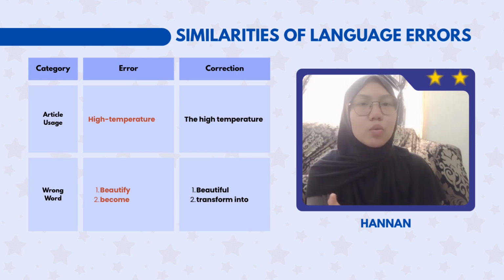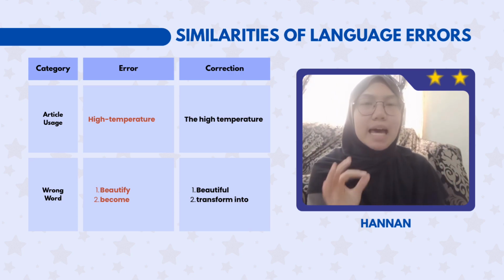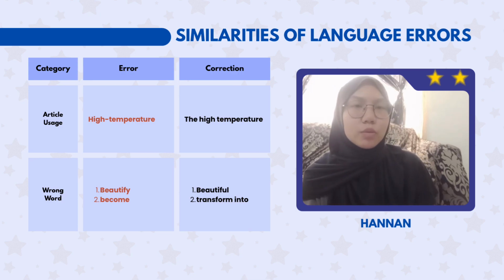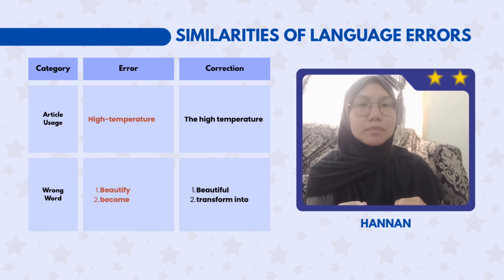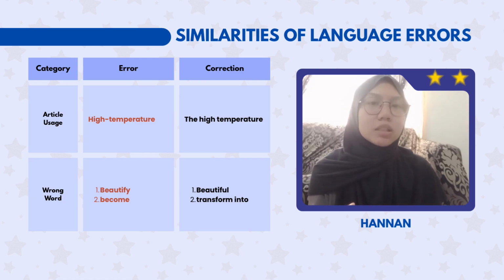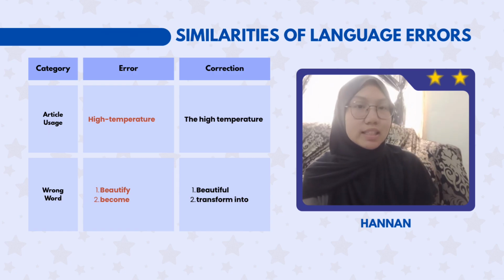Similarly, the word "become" from the product number 2 description is edited to "transform into" in order to create a better match for the intended meaning, thus making the sentence clearer. Overall, these errors need to be edited to improve clarity, accuracy, and also the quality of writing.